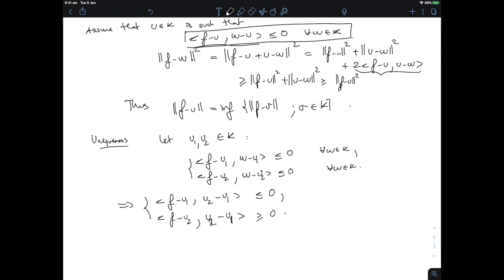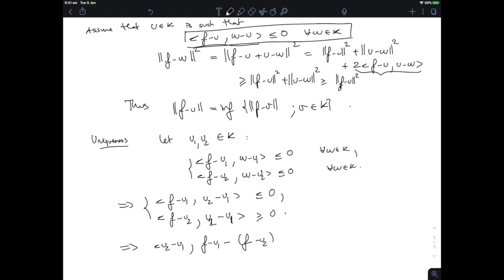But if that's the case, we can subtract the two inequalities, and we get that (u2 minus u1, u2 minus u1), so I take something negative and I subtract from it, or I add to it, another negative thing.